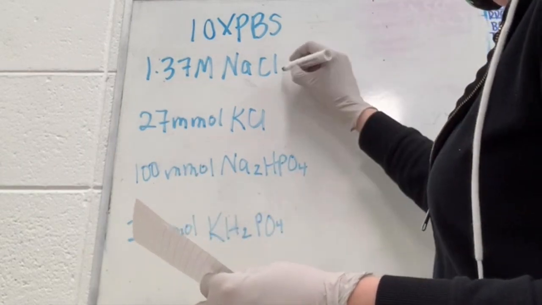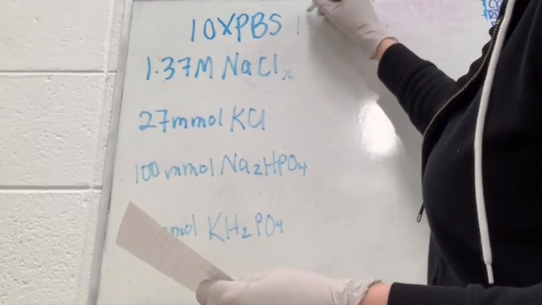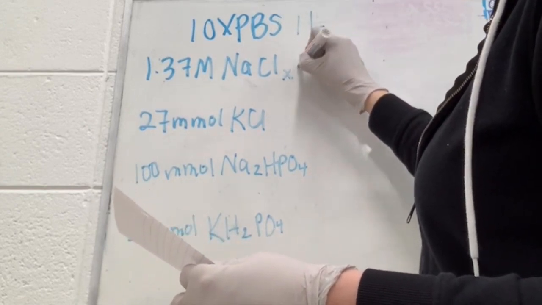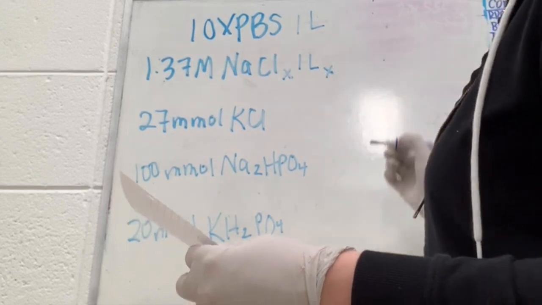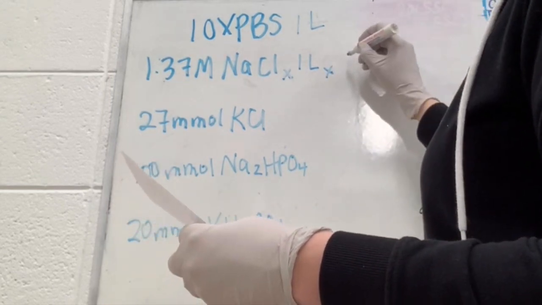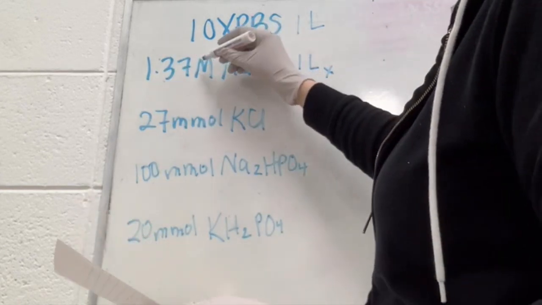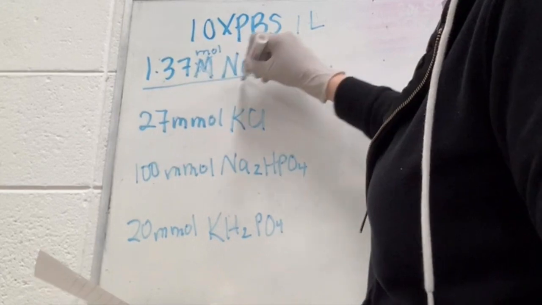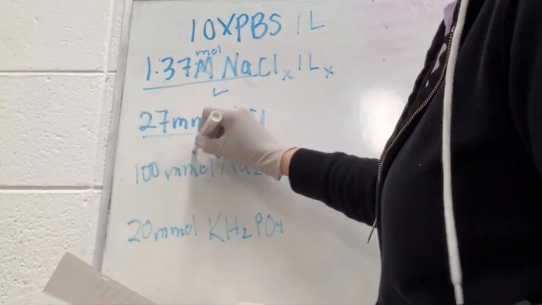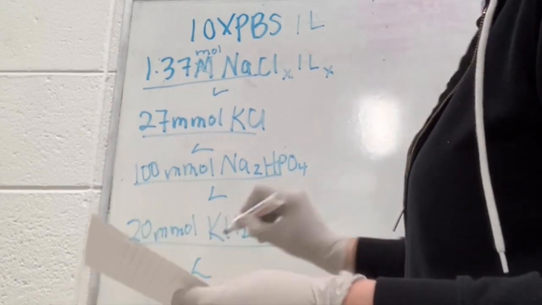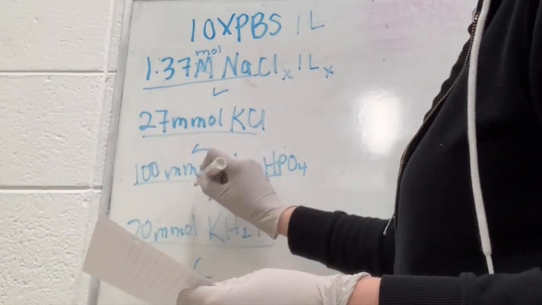So for NaCl, we're going to make 1 liter. So we're going to multiply this by 1 liter. We are going to then use, because this is molarity, this would be moles per liter. All of these would be 1 liter.